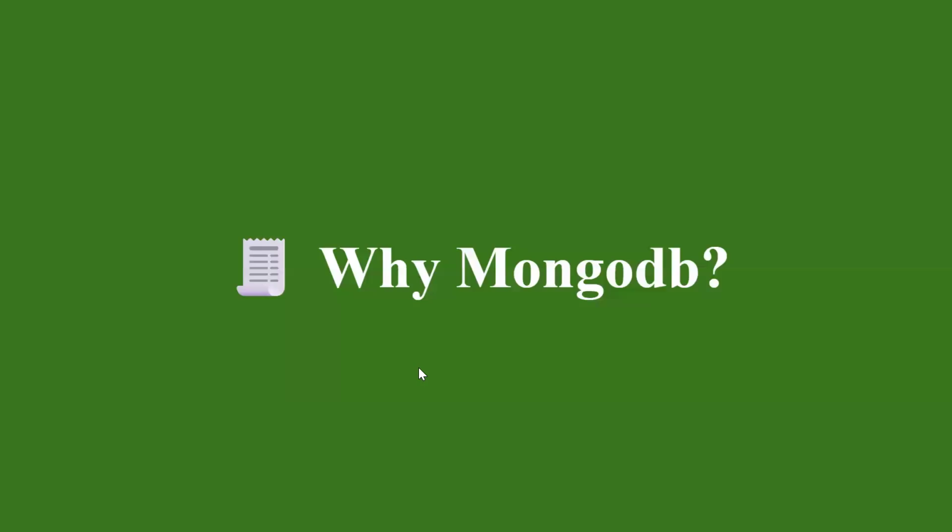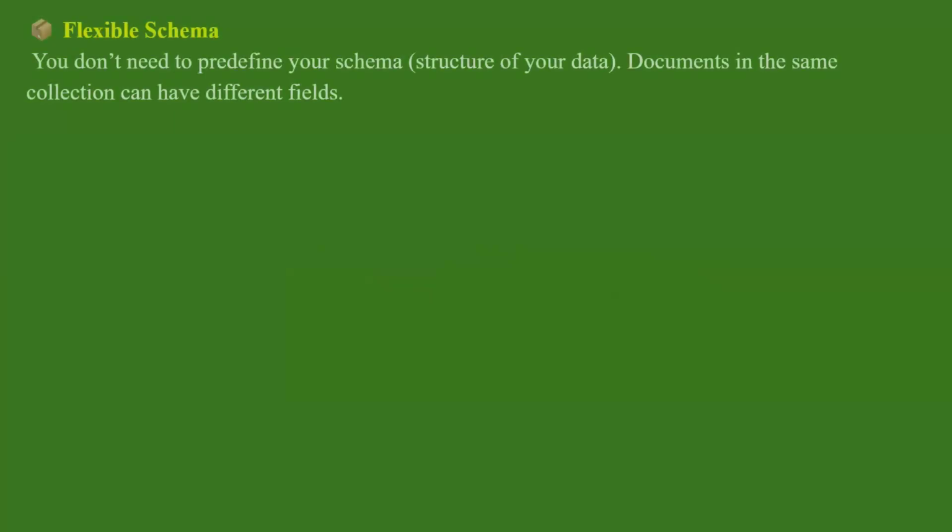Now next, we have to understand why we have to use MongoDB. The first point is that MongoDB provides us a flexible schema. Flexible schema means you don't need to predefine your schema.